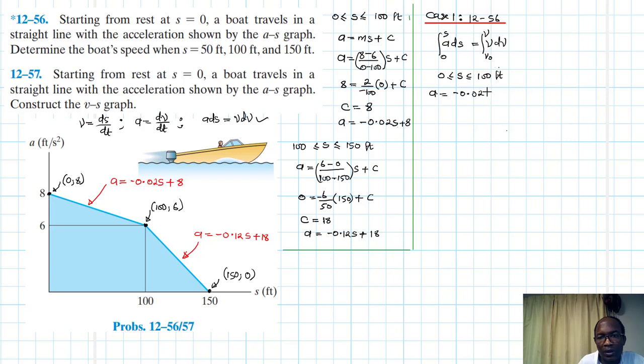Sorry about that. So we are going to fit this in our equation. At this point, we're going to have the integral from 0 to s of (-0.02s + 8) ds equal to the integral from 0 to v of v dv.